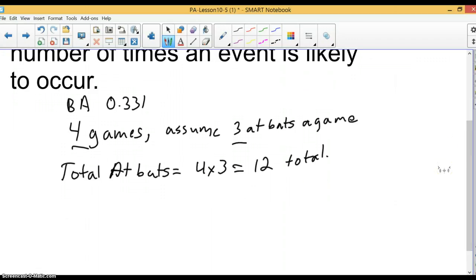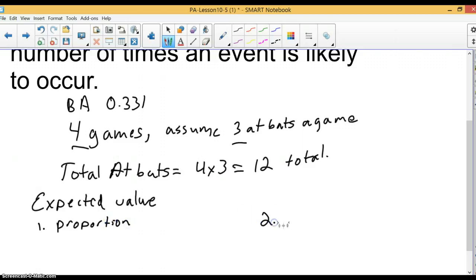Now, to figure out how many we expect, or the expected value, we can do either way that we mentioned. 1, set up a proportion, or 2, use the formula. And I will talk through that in a second.